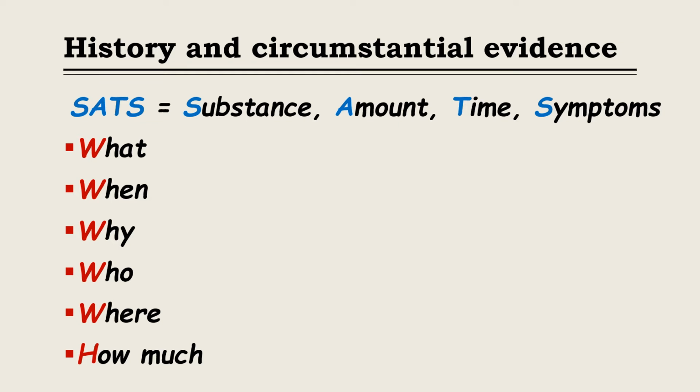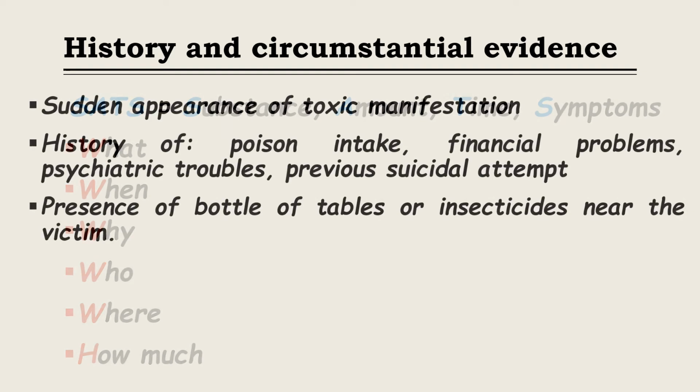The route of administration. Where did you take it? The place. With whom? If he was in a cafe, at work, at home, or where, and why did you take it? So these are very important questions you should ask your toxic patient. What did you take? How much did you take? Why did you take it? Where? When? With whom?